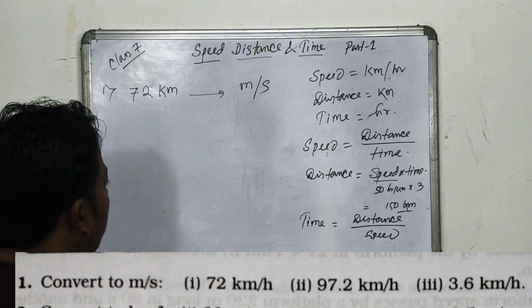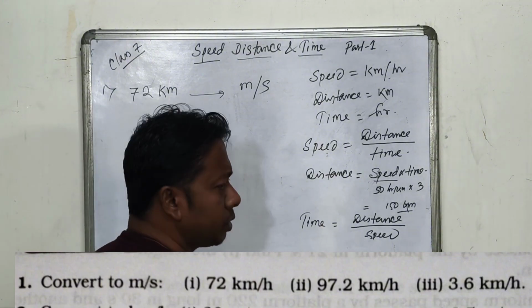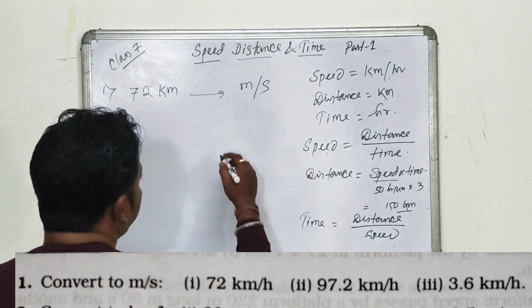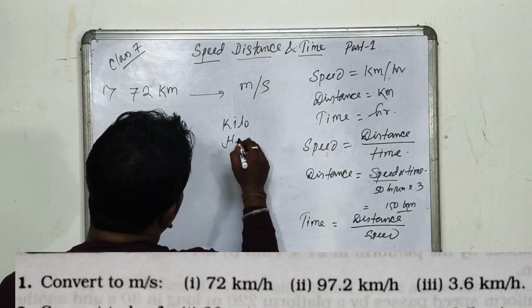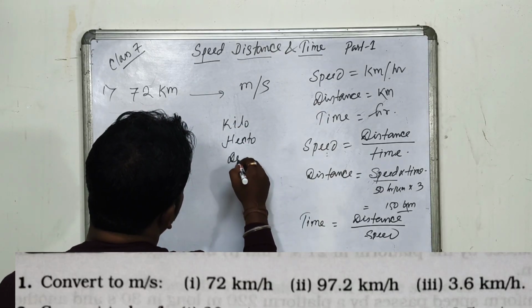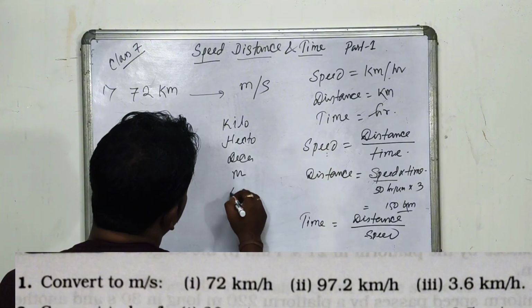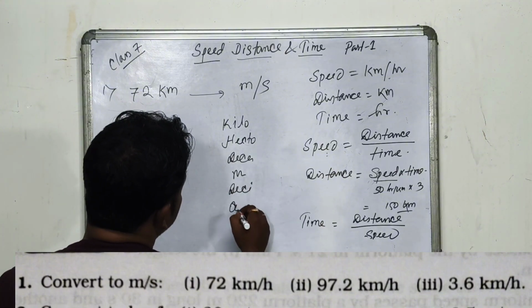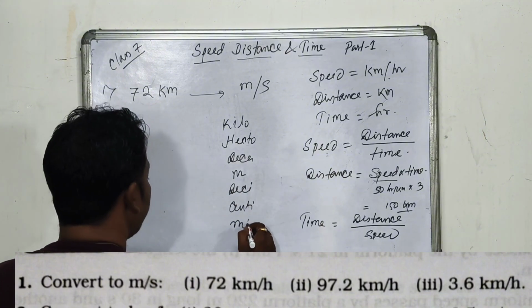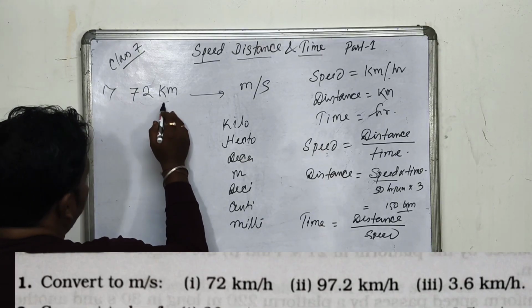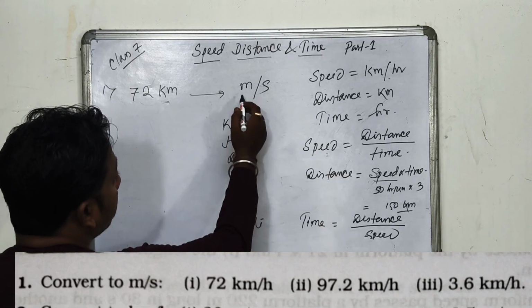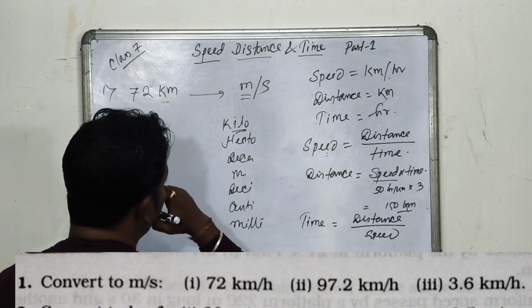Okay, let me just recall a little bit: kilo, hecto, deca, meter, deci, centi, milli. Kilometer is given, you have to convert into meter.